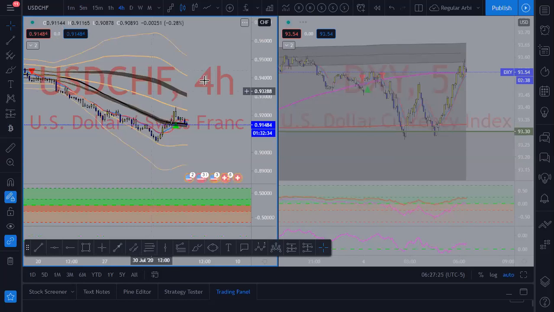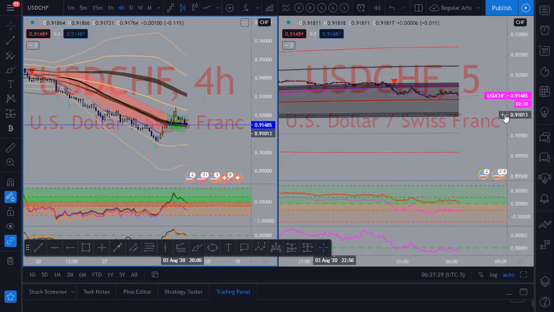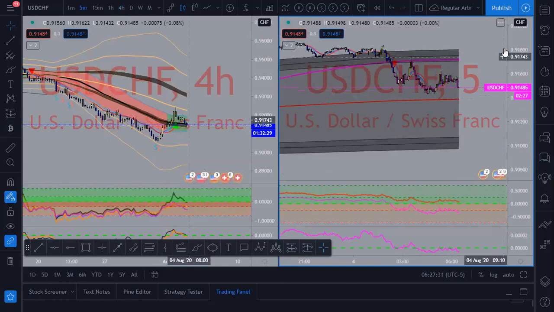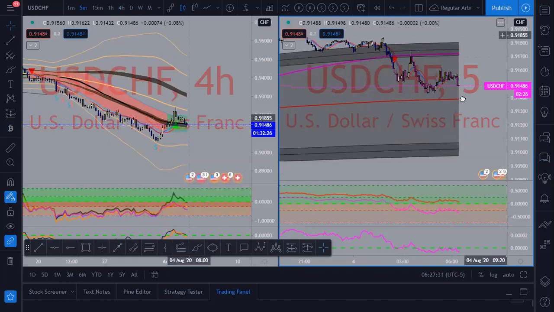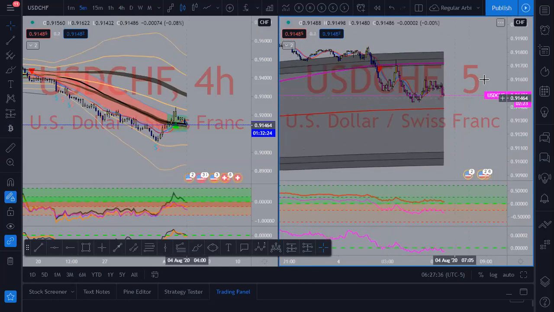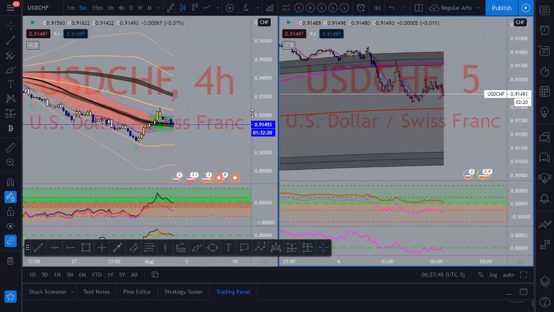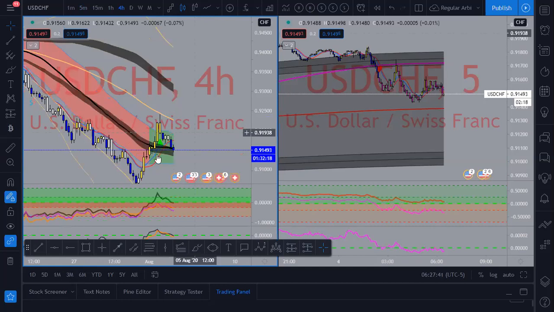USDCHF, I'm not really 200% sure if I want to sell this because of one thing, the 4 hour. It looks like it's actually holding at this lower danger zone, and it's also at the RSI line, and it looks like it's holding there.